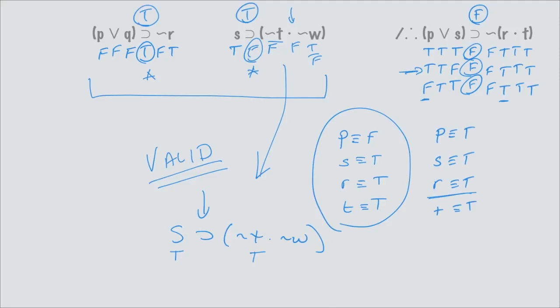Well, the minute I have a true in the antecedent, I have to know from my truth tables that this whole piece over here has to be true as well. Right? So now I'm thinking a little bit differently. I'm trying to create the thing that I need. To make this whole thing true, I already know that I've got a problem, right? So I've got a conjunction in here and both conjuncts have to be true, but that's impossible. I can't do that. And so immediately I know that that substitution doesn't work.